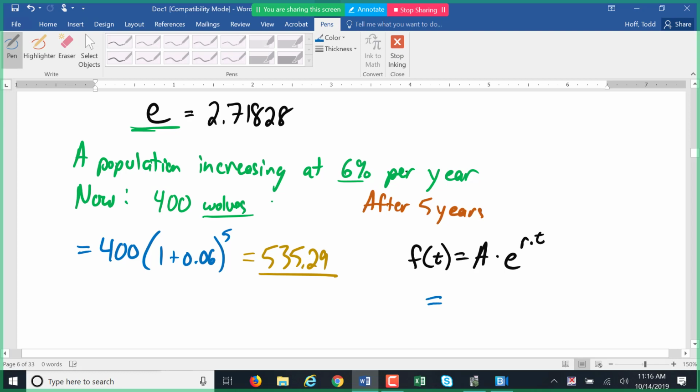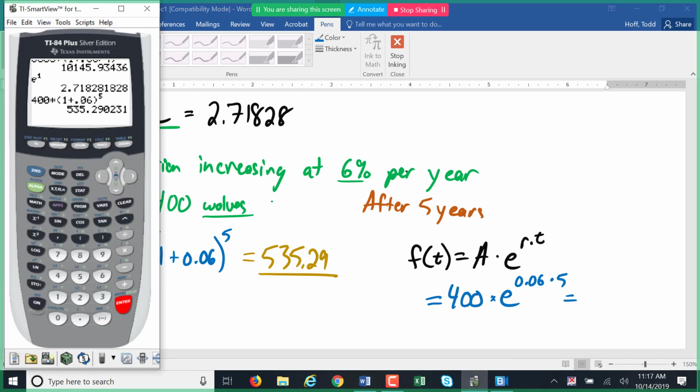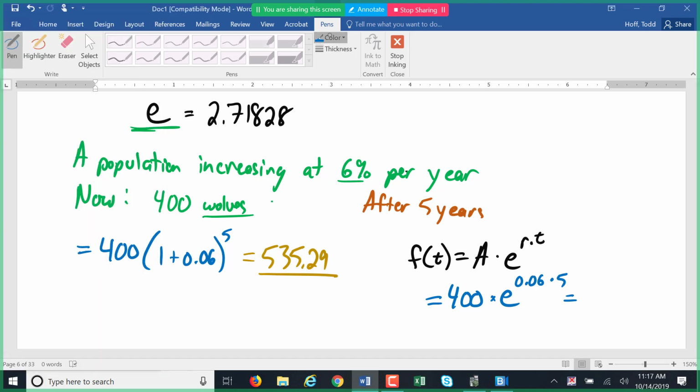That would mean the new amount is the 400 that we started with times e to the power of 0.06 times 5. So on my calculator, 400 times e to the power of, I'll put parentheses around 0.06 times 5, close my parentheses, and I get 539.94.